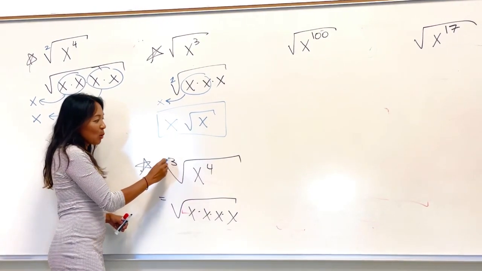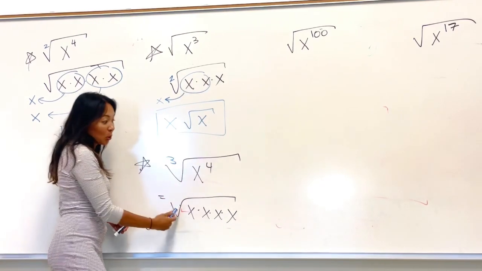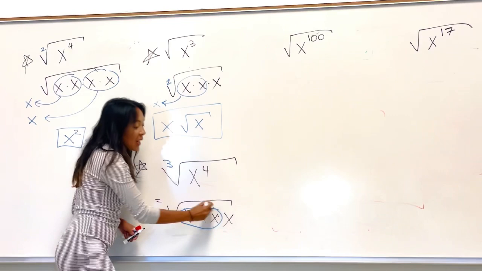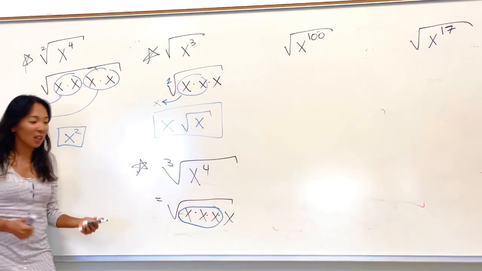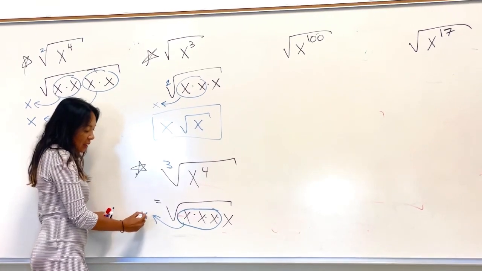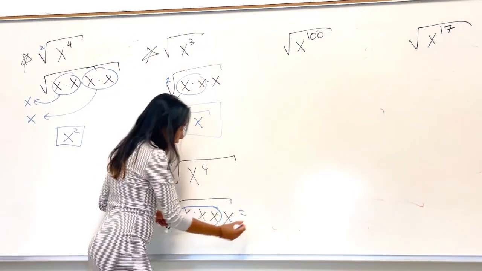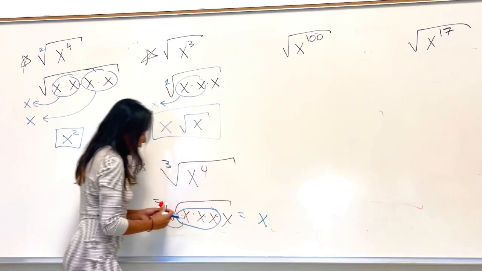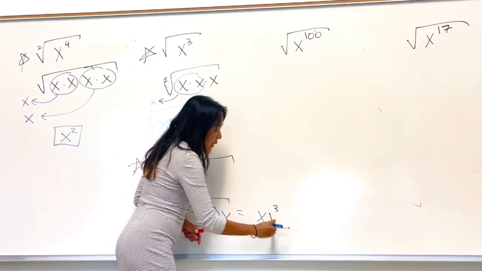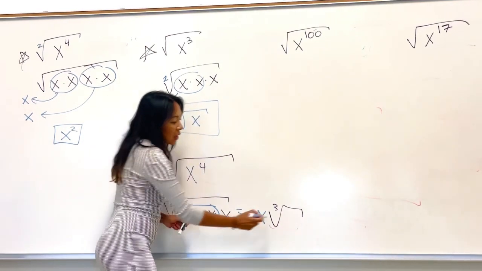So in this game, the index is 3, so 3 of them get pulled out, right? 3 of them that are the same, 3 of a kind. If you think of card games, 3 of a kind gets pulled out, and if it gets pulled out, it just becomes an x. So my final answer here is just x, and then don't forget that there's an index of 3, and what's left inside the house? Just an x.